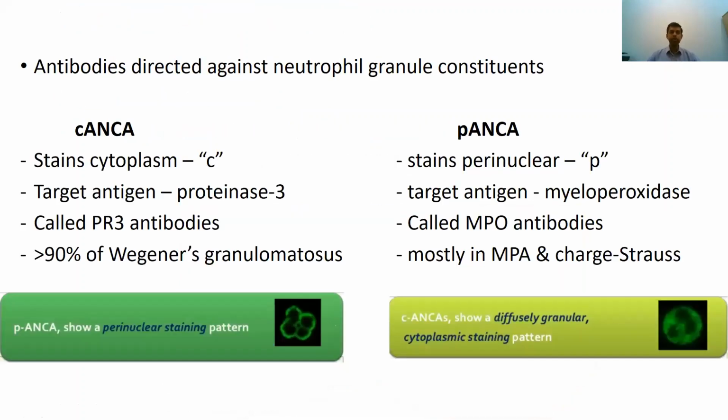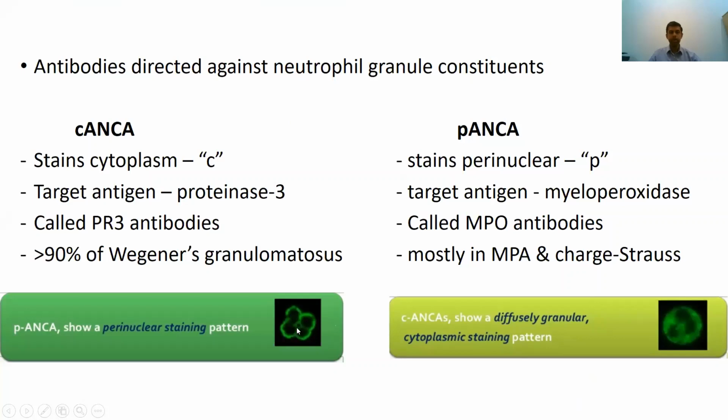And when you talk about these ANCAs, we talk about mainly two patterns, C ANCA and P ANCA. C stands for cytoplasmic ANCA, P stands for perinuclear ANCA, and that is dependent on how it stains when you put an immunofluorescence. So you can see in this picture, this is a neutrophil, the nucleus, and this is the cytoplasm around the nucleus.